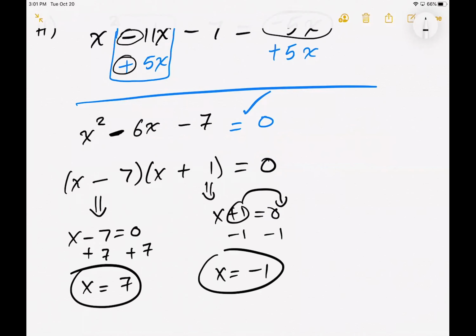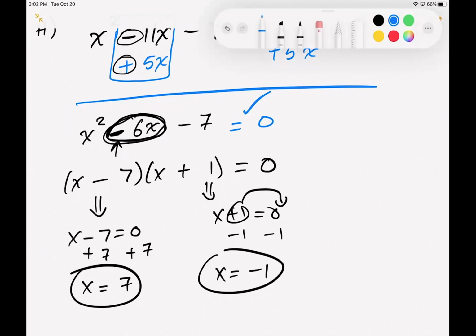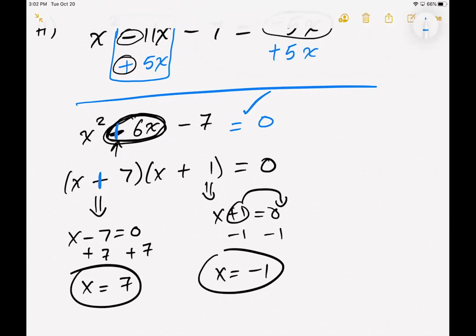Some of you guys wrote me the answer. Remember, when you subtract, the bigger number gets the sign of the middle term. So if this thing were to be positive 6, then this thing will be positive and this one will be negative, right?